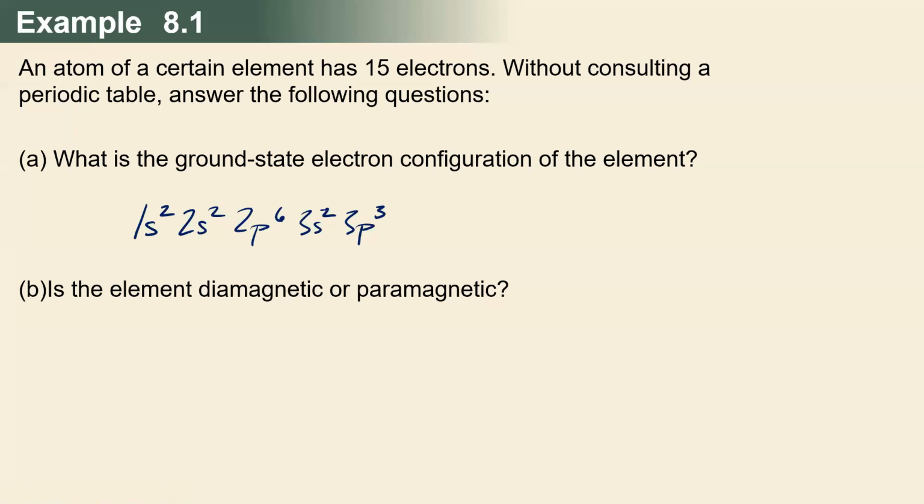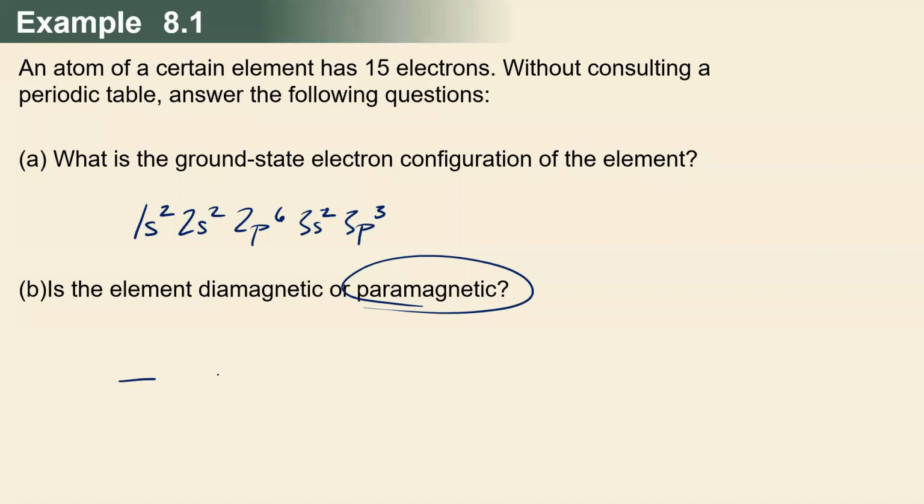Remember, for an element to be diamagnetic, that subshell has to be filled. Are all of the subshells in this element filled? No, right? And so it must be paramagnetic.